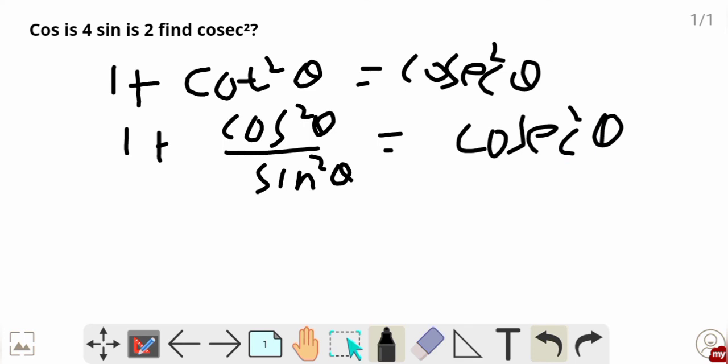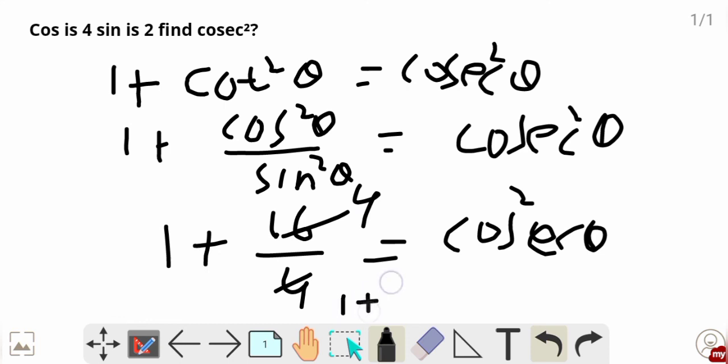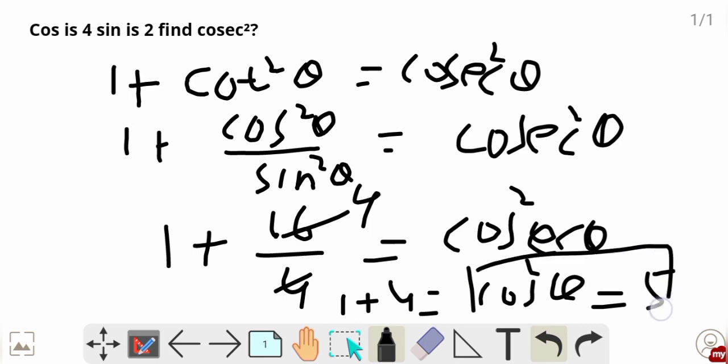So cos, which is given, is equal to 4 square is equal to 16 divided by sin, which is given 2, and 2 square is equal to 4. So cosecant square theta, so 4 4s are 16, so 1 plus 4 is equal to cosecant square theta, and cosecant square theta is equal to 5. So this is our right answer.